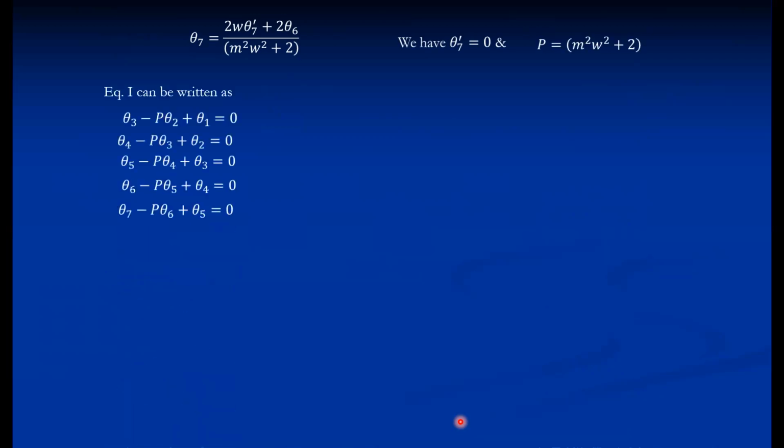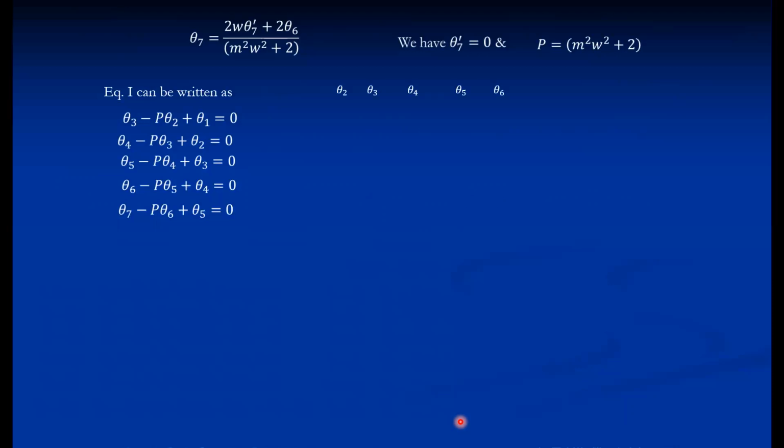So equation 1 can be written like this in terms of p. This is the set of equations. So 5 equations we have considered, because we already have θ7 and θ1. So we'll eliminate the last equation.